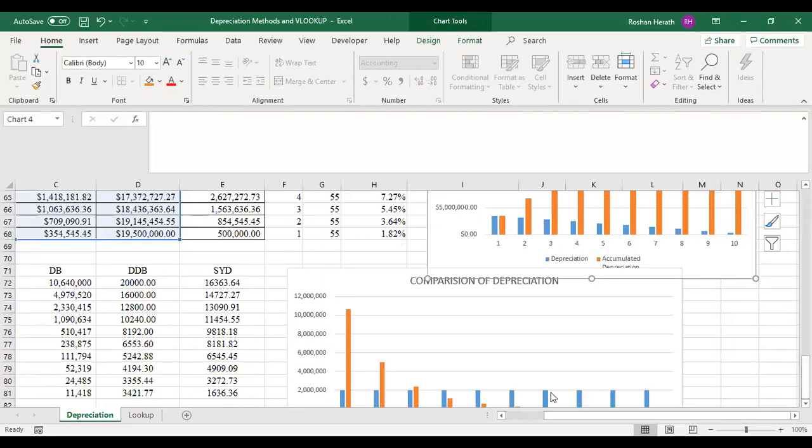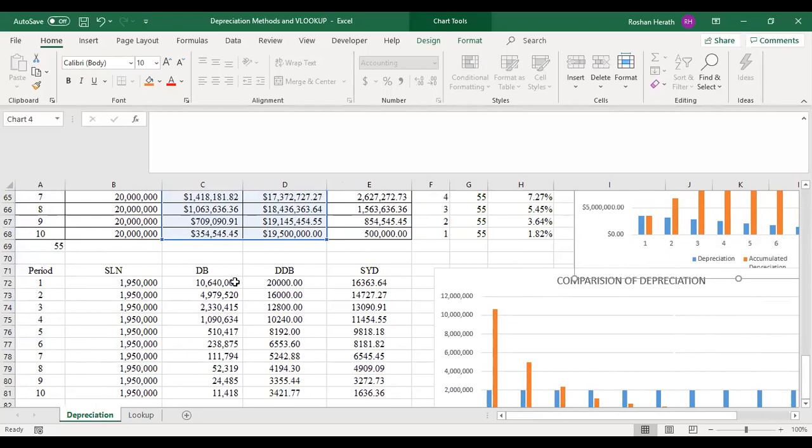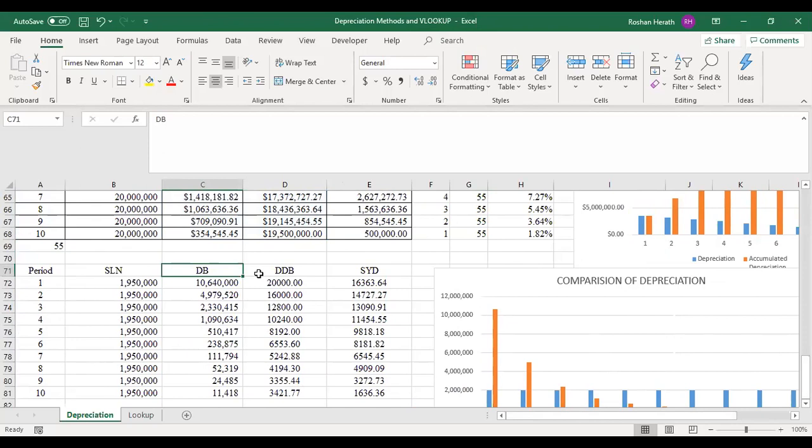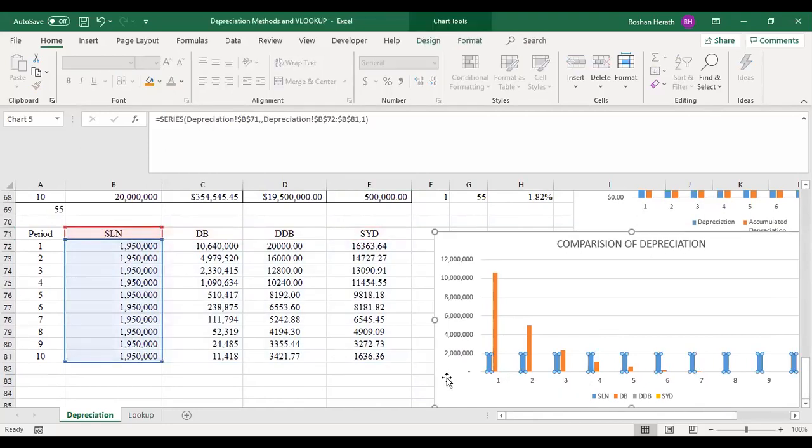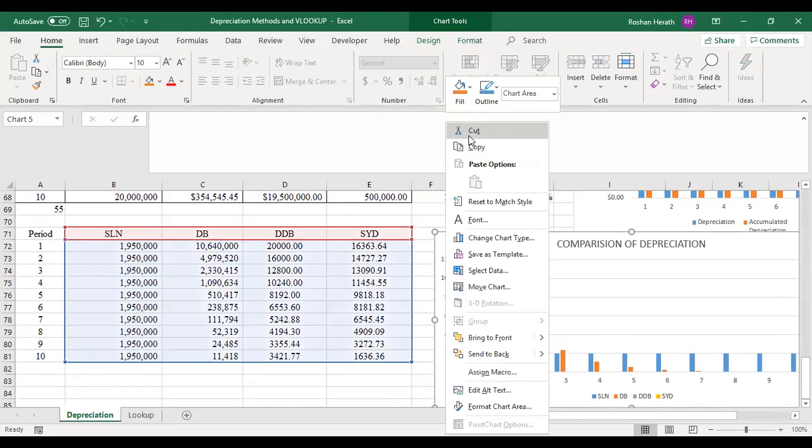And finally, I have asked you to take all the depreciation into a single picture and do the comparison. So in that, we have taken the 4 depreciation methods: straight line, fixed declining, double declining, and the sum of years digit method, and we have done that particular comparison. So here, let me draw that again.